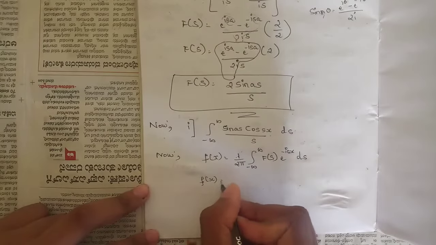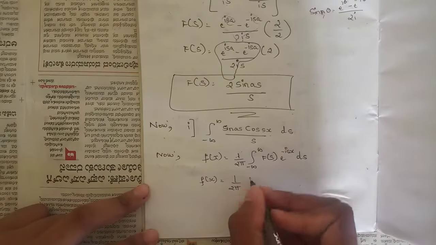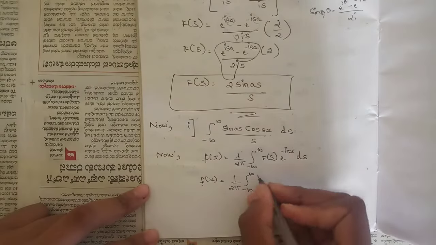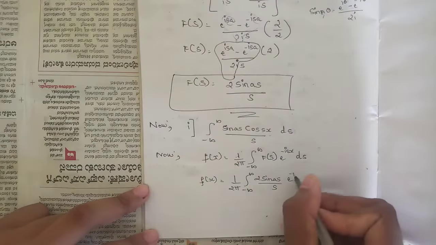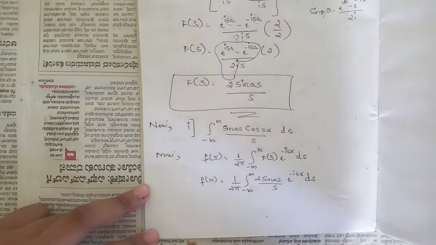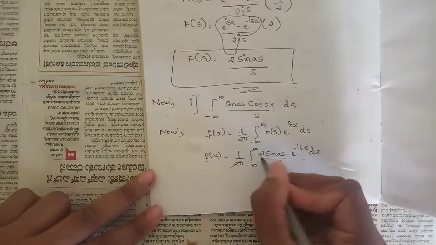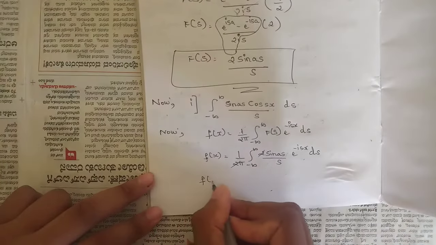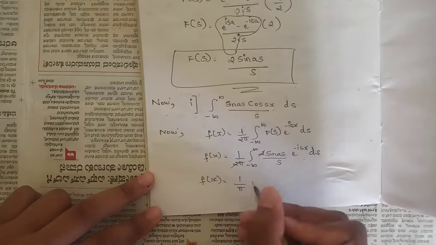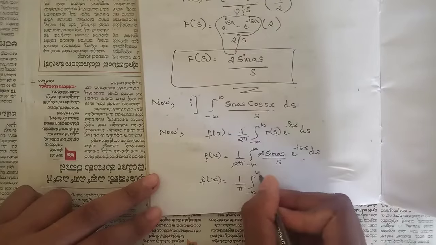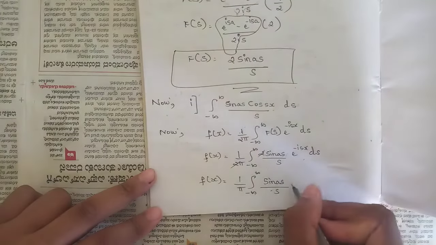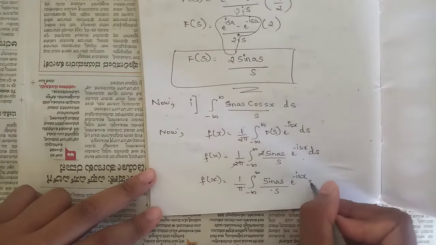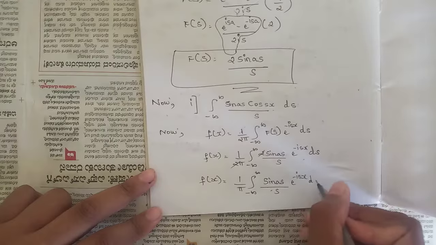Now substitute the value of f of s we have got here: integral from minus infinity to infinity of 2 sin as by s, e power minus isx ds. Here we can cancel this 2, so the remaining term is 1 upon pi, integral from minus infinity to infinity of sin as by s into e power minus isx ds.